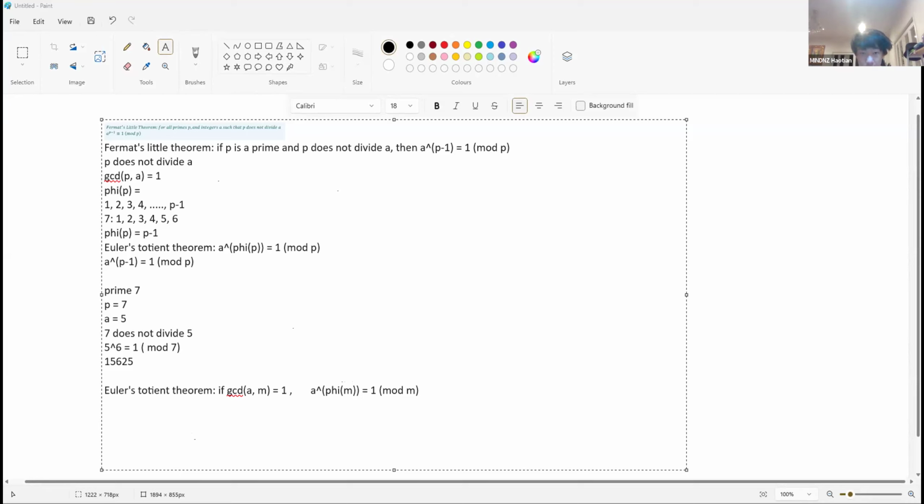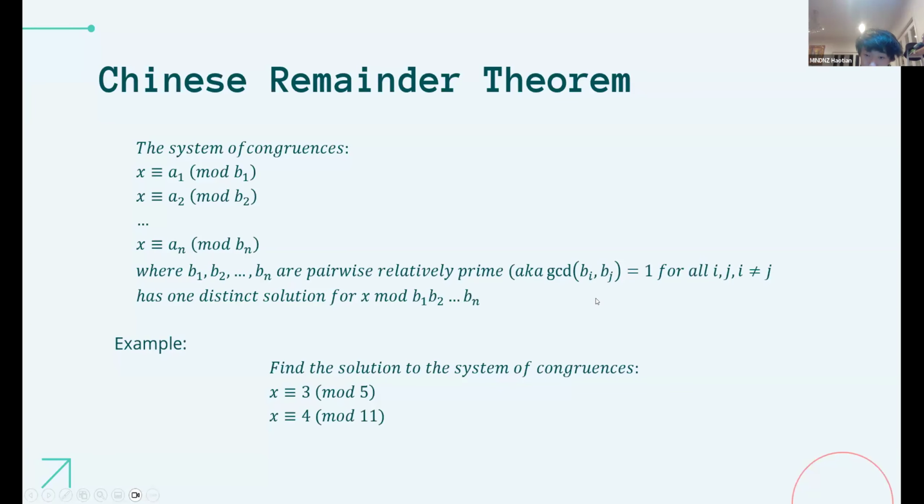And finally, we have one more theorem, which is the Chinese remainder theorem. I'll go over this very briefly so we can finish quickly, and then you guys can go to bed or whatever you want to do.